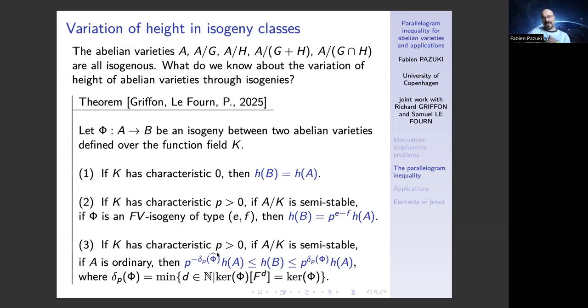And then there's a hat, as you can see, and the hat is the dual isogeny. So the kernel of the isogeny has a role to play, and the kernel of the dual isogeny as well. So this point 3, as you can see as well, I added an assumption, ordinary. This was not added anywhere else, but it's added here, and it's necessary, in fact.